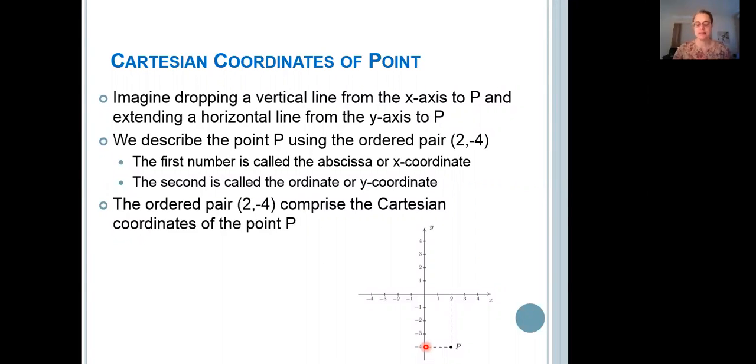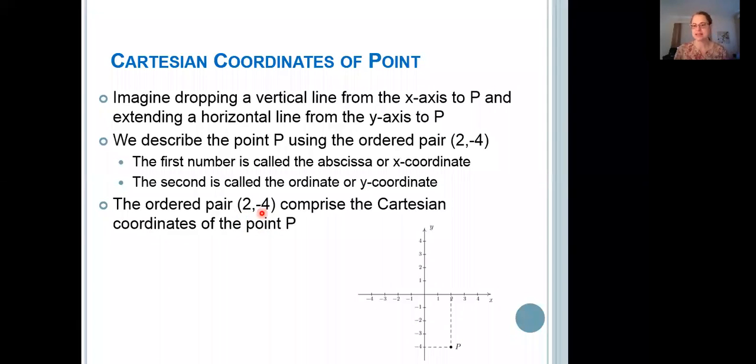Now, if we think about these coordinates as being in order, almost like it's a word, right? We know that the word AT is different than the word TA. So think about this in alphabetical order. X comes before Y. So we can specify this point to be at the point 2, -4.